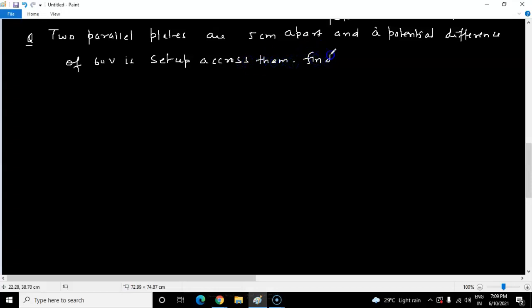Find the electric field intensity between the two plates.